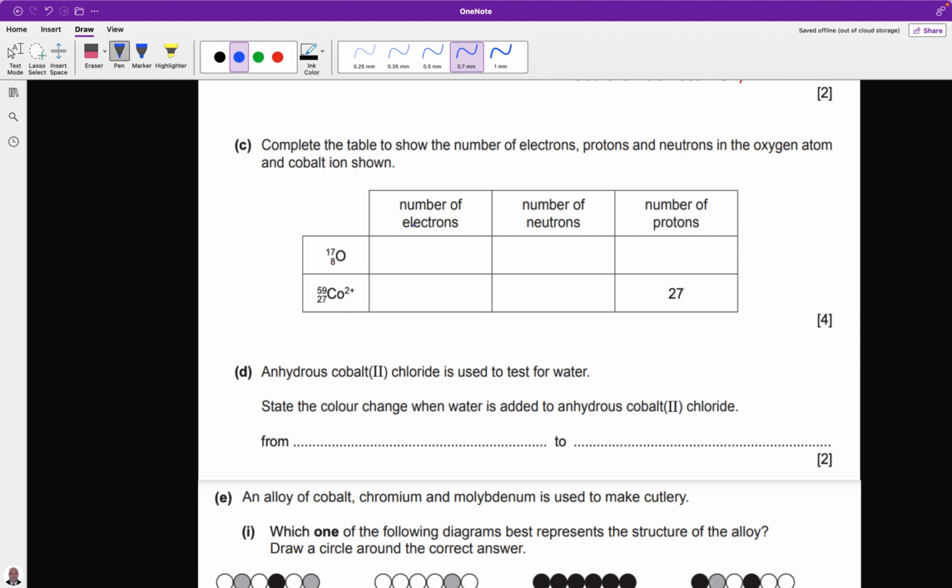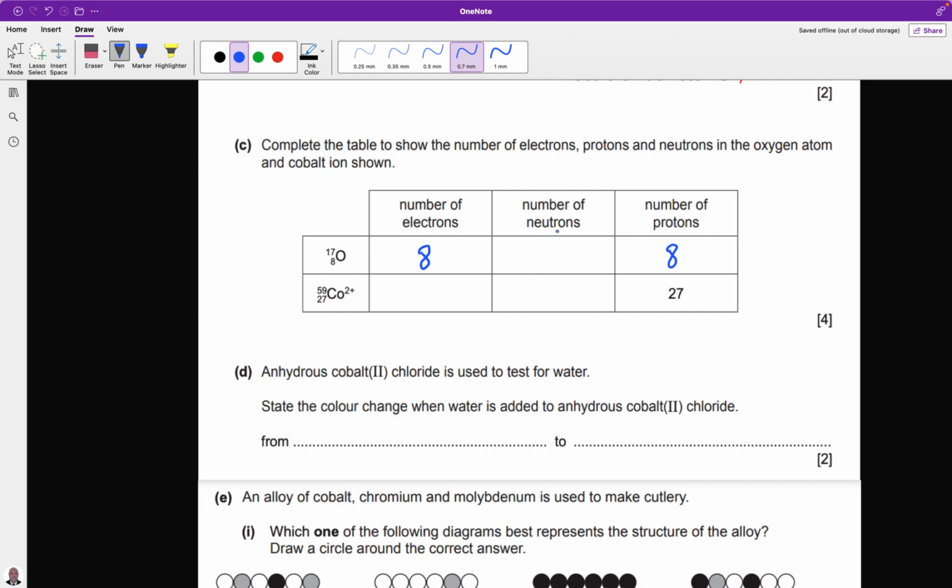Therefore, what will now be the number of electrons here? There will be 8. Now, the number of neutrons. Since the number of electrons is equal to the number of protons, the number of protons should be 8.